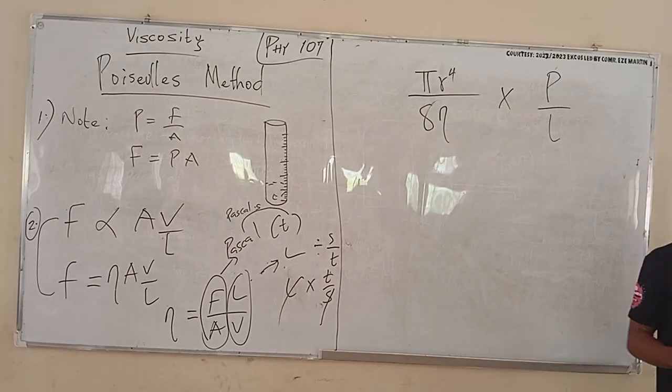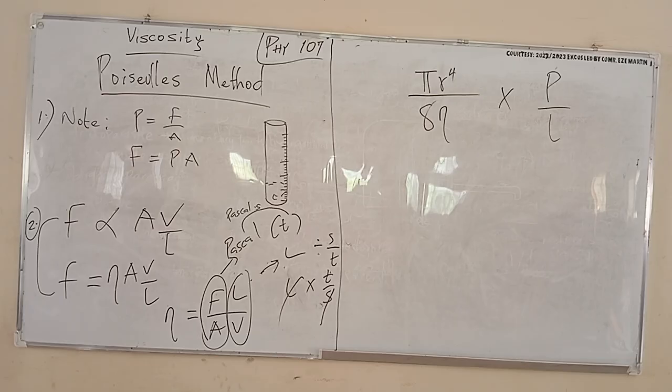Hope you know that this is the pressure gradient. I have told you before that anything gradient means divided by length. Acceleration gradient is acceleration divided by length. Velocity gradient is velocity divided by length.